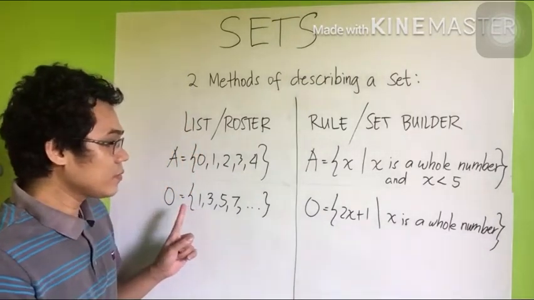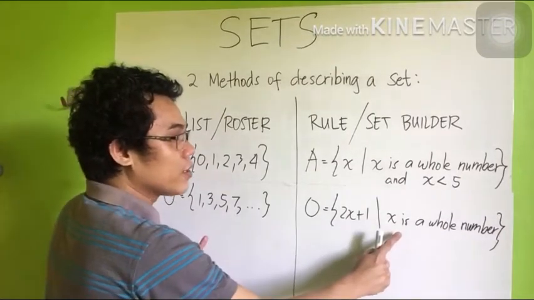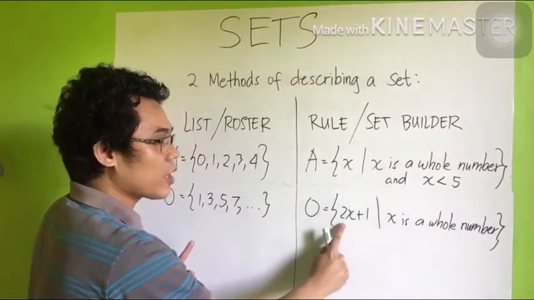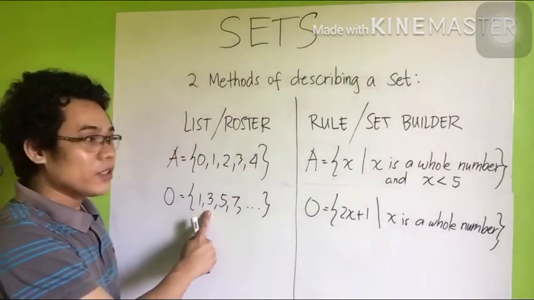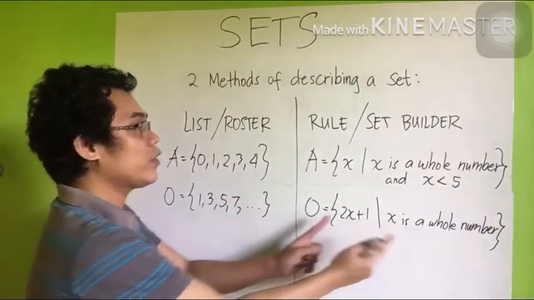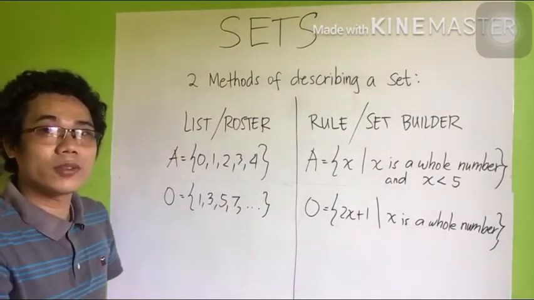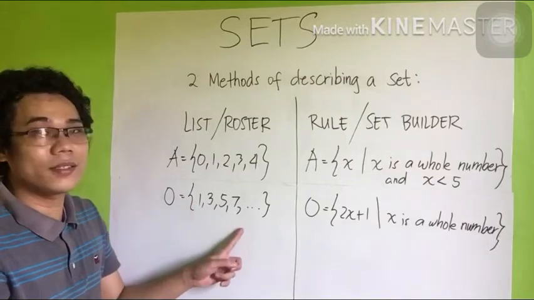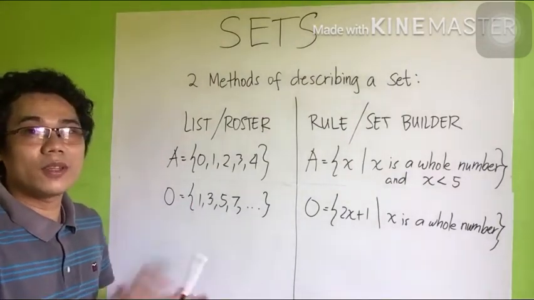So magiging 1 na siya. And then so after ng 0, we have 1. So 2 times 1, it's 2, plus 1 is 3. So 3. So makita natin na ito na set is according to rule, ito naman according to listing. So, ito ang pagkakaiba ng dalawa between the two methods.